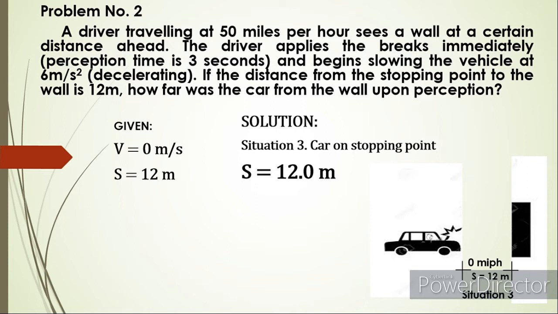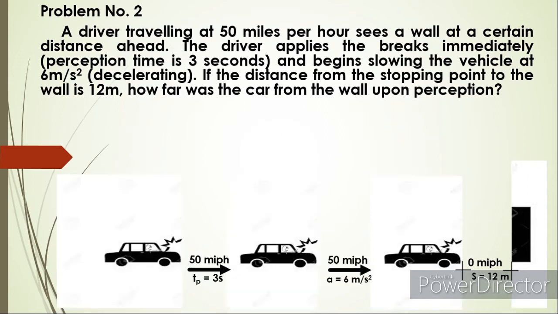So ngayon, since 12 meters yung sa situation number 3, nung tumigil siya, ang tanong ng problem natin is, how far was the car from the wall upon perception? So, gaano daw kalayo yung kotse mula doon sa pader, simula nung na-perceive nung driver yung pader.